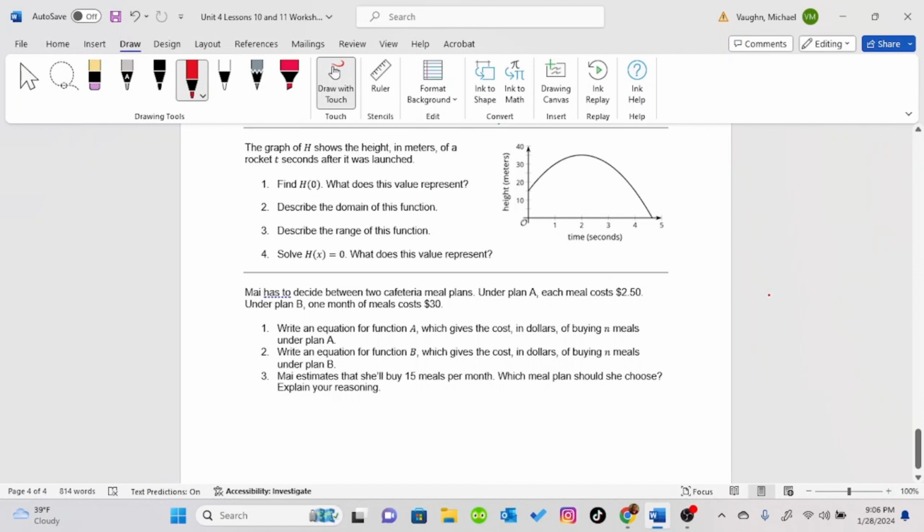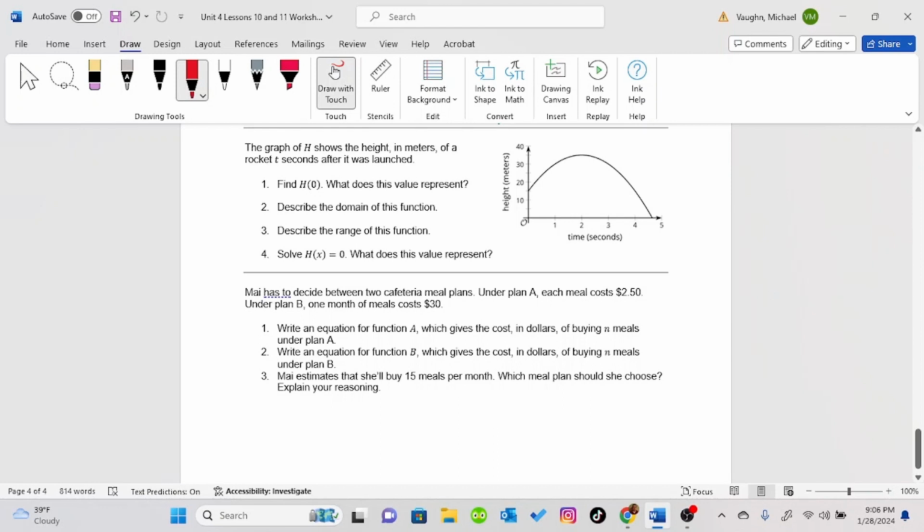The graph of h shows the height in meters of a rocket t seconds after it was launched. Number 1. Find h of 0. What does this value represent? Well, the number in parentheses is my x value.